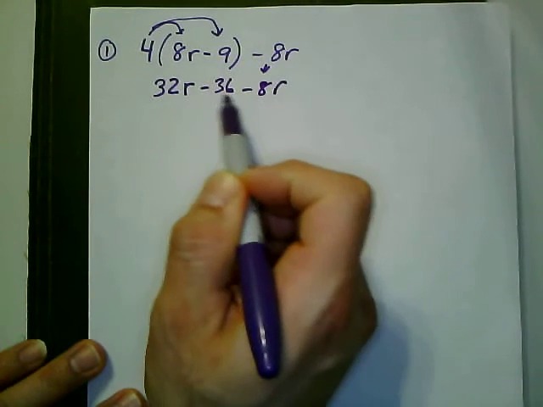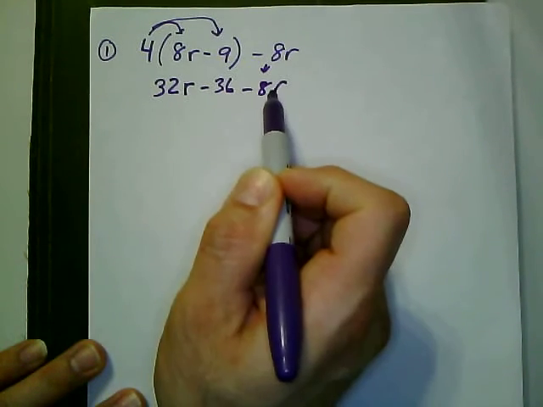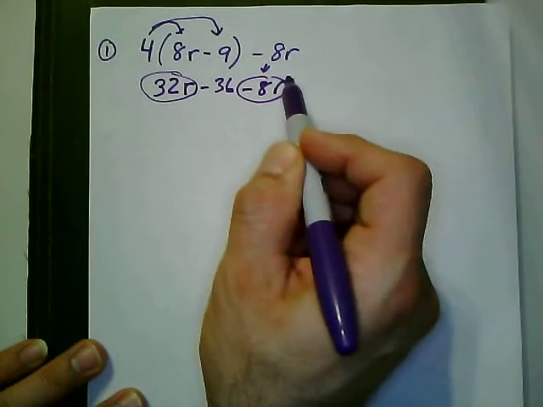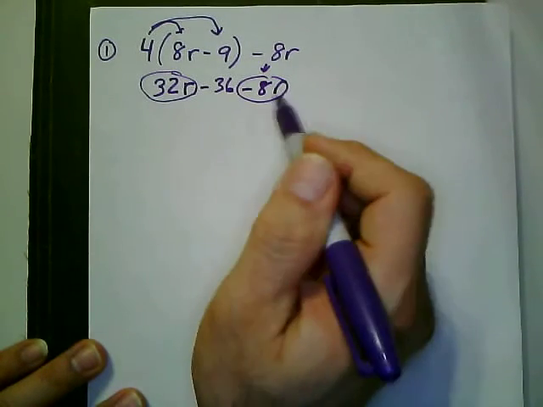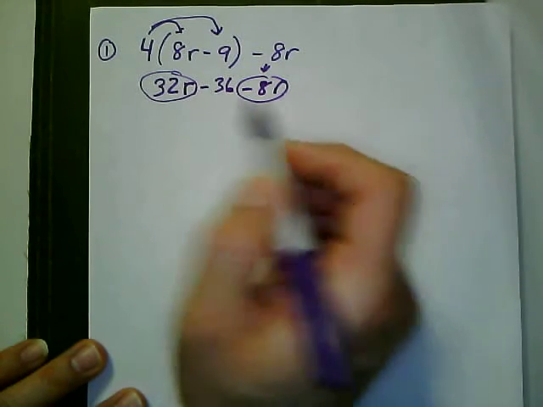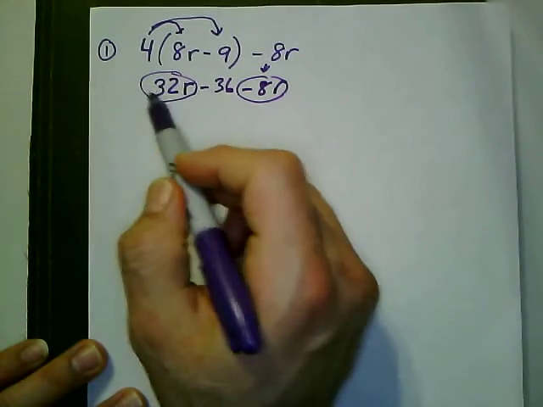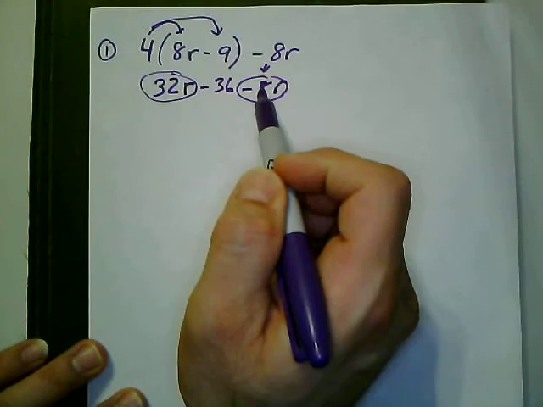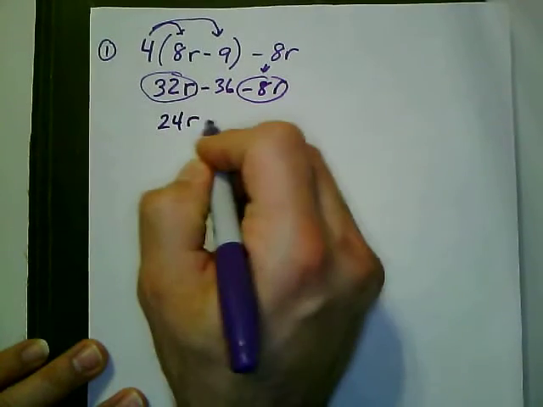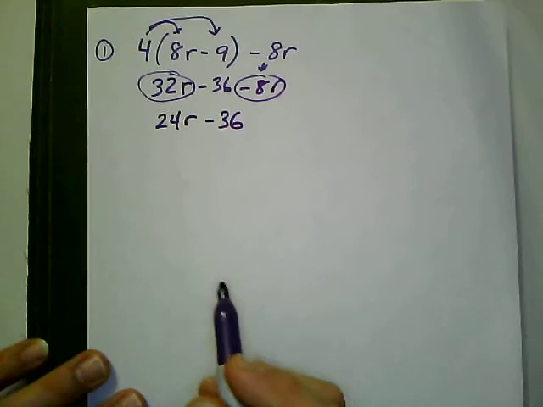This one does not have a variable, so it's not the same as these. Now, if one of these had a square on the top of it, it would not be the same as an r. R squared and r cubed, to the 3rd power, to the 4th power, and the 5th power are different than r's. So 32 minus 8 is 24r minus 36.